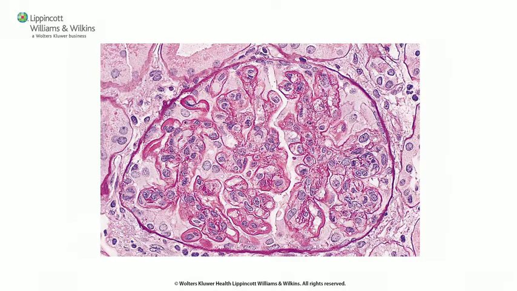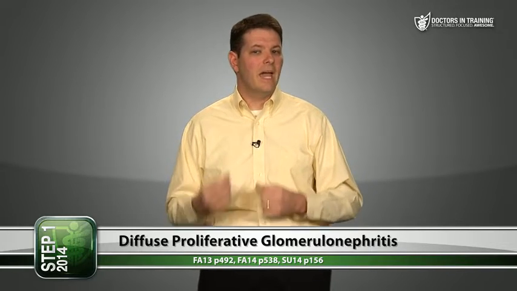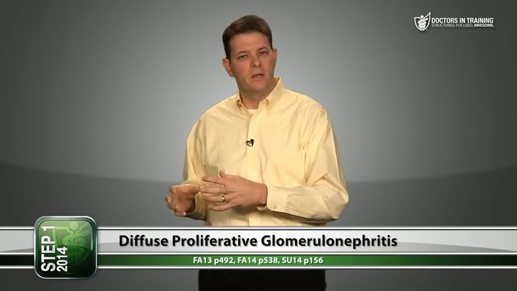And because these deposits kind of line the basement membrane on light microscopy, this can make the basement membranes look really dense and pronounced, which is sometimes called a wire loop appearance. So I want you to remember the phrase wire lupus, which is the wire loop appearance commonly seen in lupus nephritis. And I'll just mention in passing that diffuse proliferative glomerulonephritis can present with a nephrotic syndrome-like picture. It's not always nephritic. They may have a lot of heavy proteinuria with this.